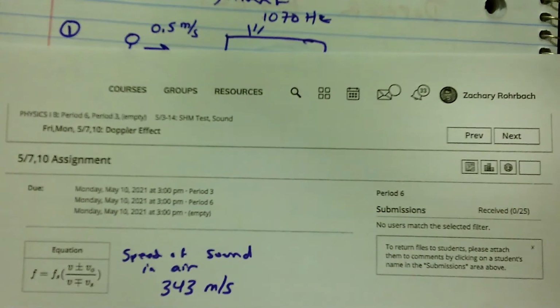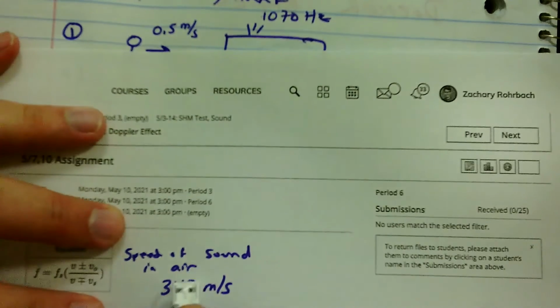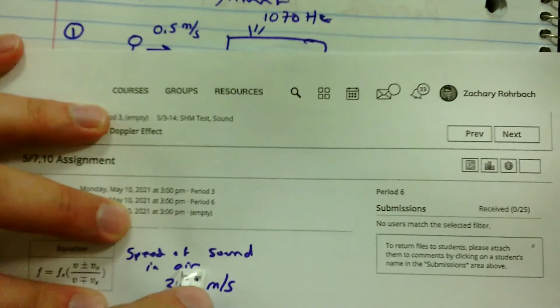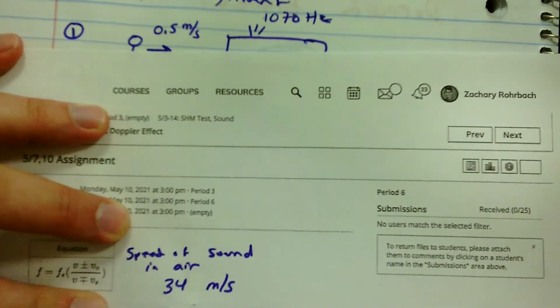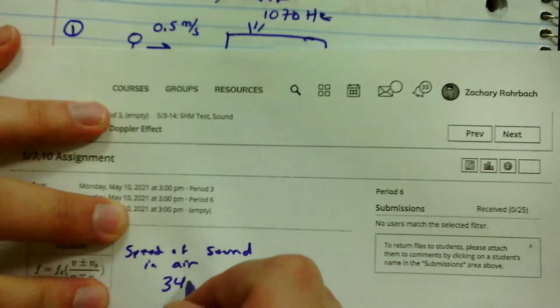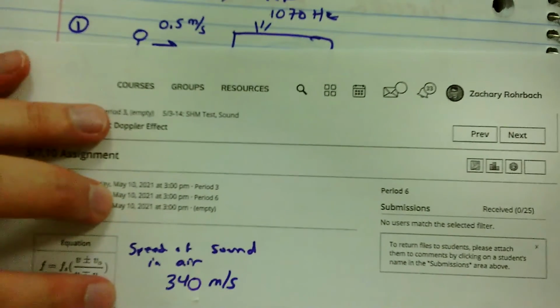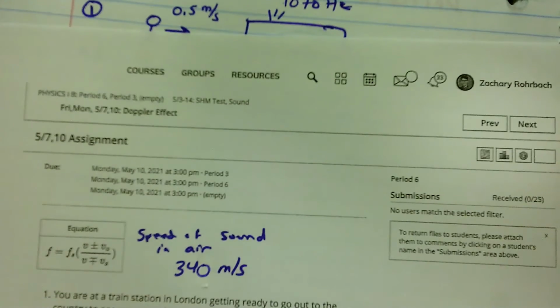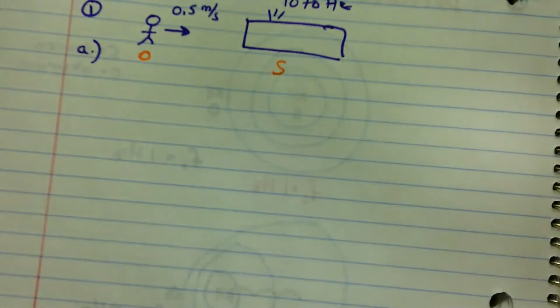Sorry, it's 340, not 343. So take a look at those definitions of the knowns and unknowns and tell your partner what you think they are in this case, as many as you can get.